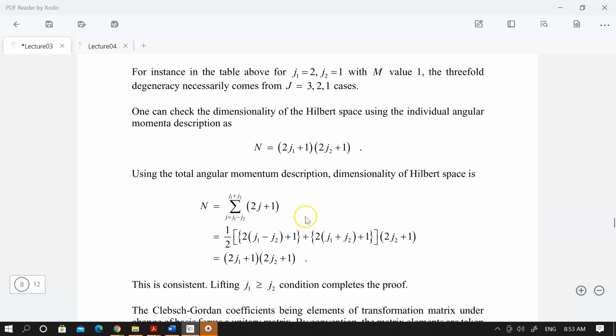So this is just an arithmetic progression sum, and you can use the arithmetic progression formula.